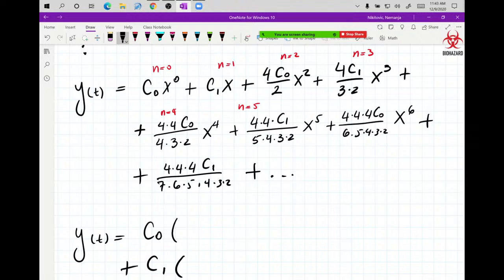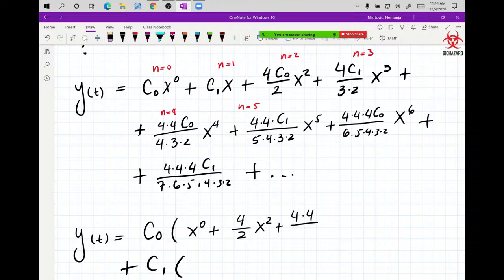It's still the same term, it's just too long to put in one line. So what's my C0 party? It's x to the 0 plus 4 over 2 x squared plus 4 times 4 over 2 times 3, or 3 times 2.